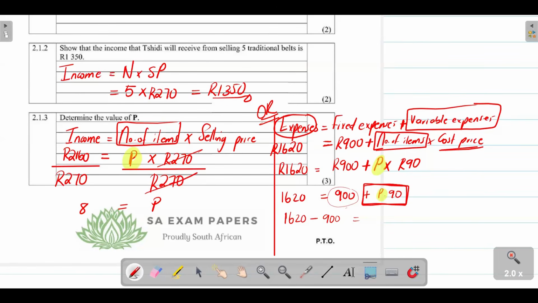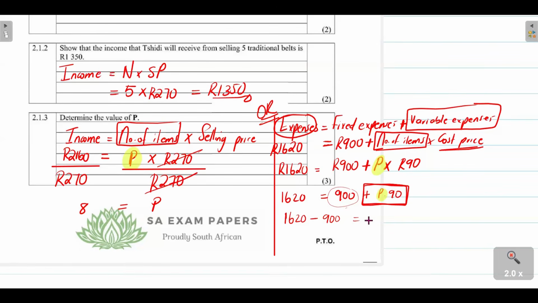Then I'm just left with P multiplied by 90. So if a number is attached to an unknown through multiplication, you can't touch that term yet. You first need to deal with the other terms that do not have the unknown.